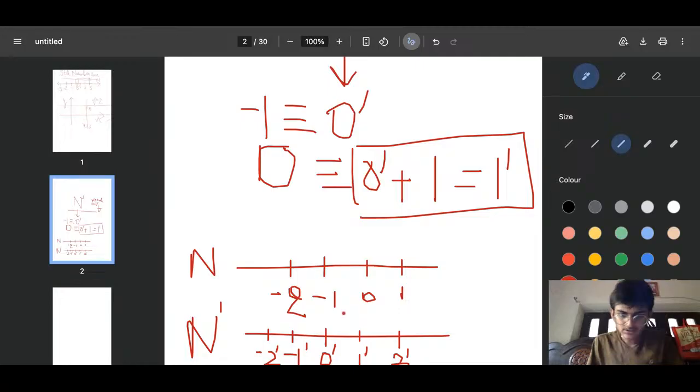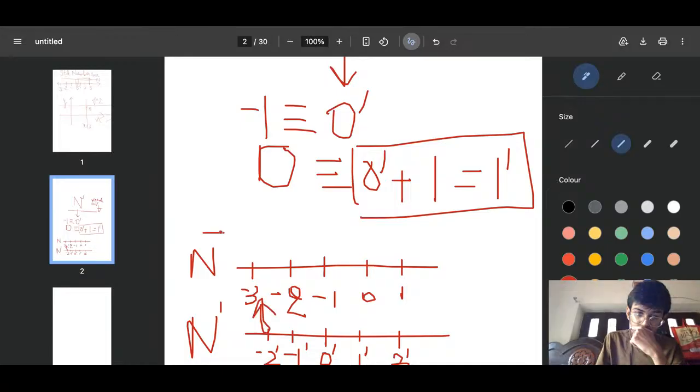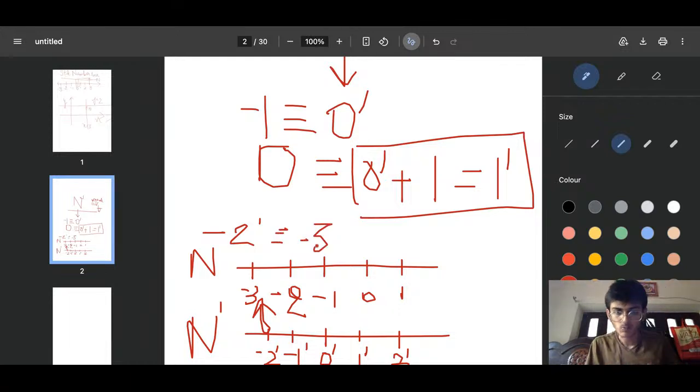Because now this minus 1 is equivalent to 0 dash in the other system, so it will look like this. Okay, so now this minus 2 dash will be equivalent to minus 3. Getting it?